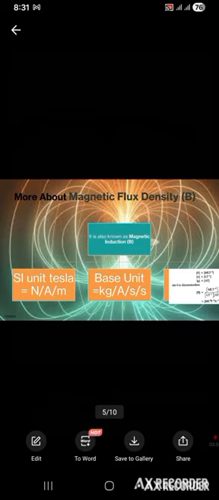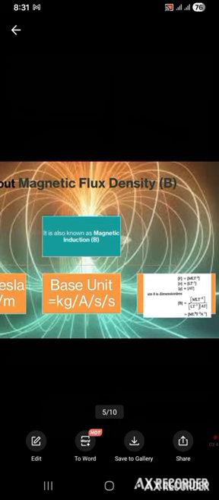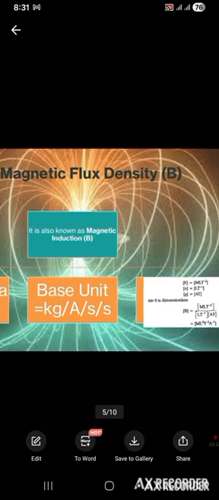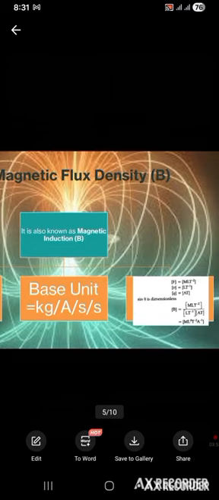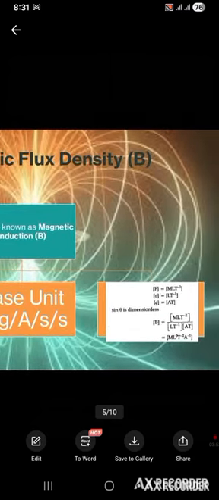As the meter will be cancelled, the remaining terms give the base unit kilogram per ampere per second squared, that is second raised to power -2 as well. And the quantity has the dimensions as given. I have resolved them. You can see the dimensions by putting in the dimensions of F, V and Q, and then we will get the magnetic induction dimensions, right?